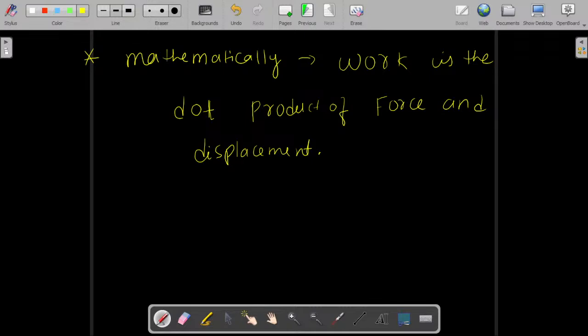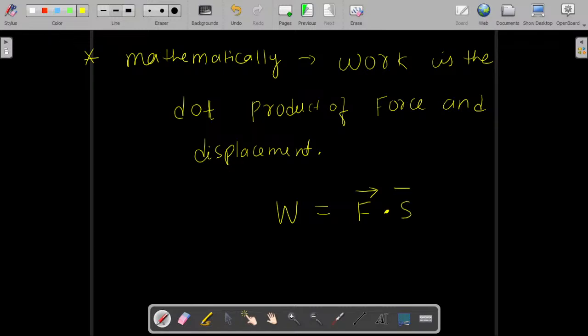So you can write work is equal to dot product. This is dot and it is product. Dot product. Product means multiply.